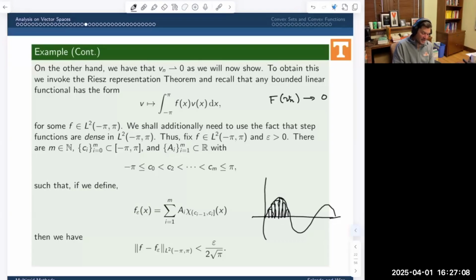Now you might object and say, wasn't it supposed to be Vn minus V, the sequence minus its limit point? Well, this limit point in this case is just the 0 function, so that's gone. So that's all we need to show, and we've done that. And so there's an example of a sequence which doesn't converge strongly but does converge weakly.